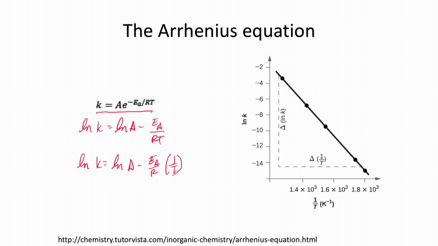Well, I want to make this look like a straight line, and a straight line has the equation y equals mx plus b. So if my y-axis is the natural log of k, and my x-axis is 1 over temperature, then I can see by this equation that my slope is minus the activation energy over R, and my y-intercept is the natural log of A.